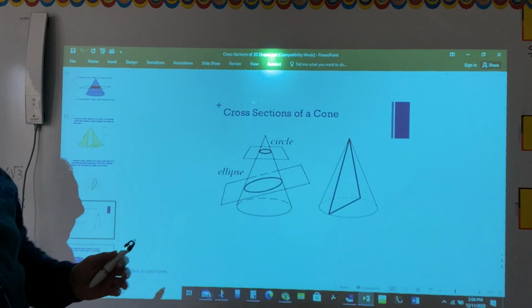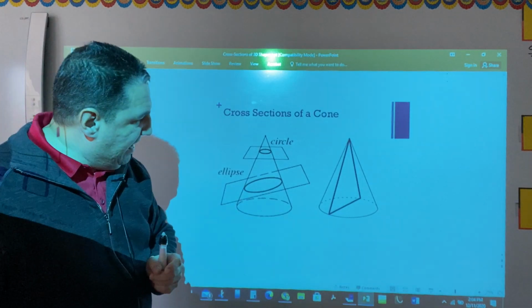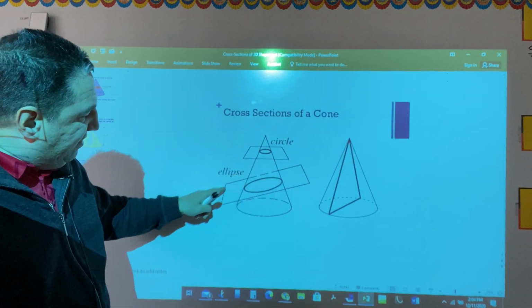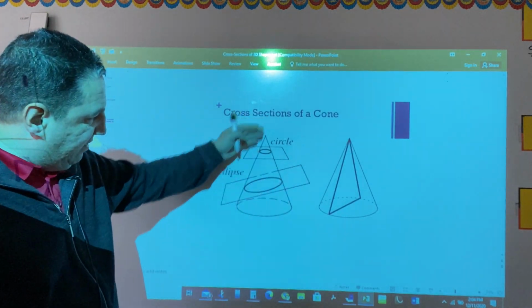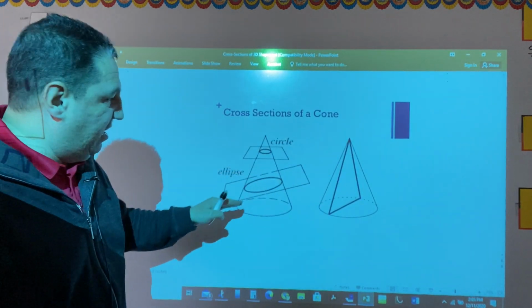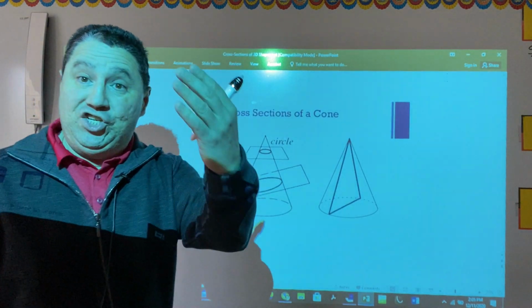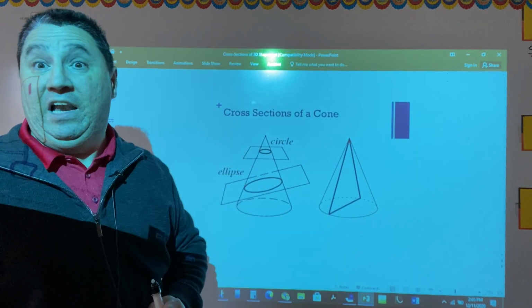Another possible cross-section shape. As you can see here, the plane that cuts this cone is oblique. So we may have a different shape, like an ellipse.